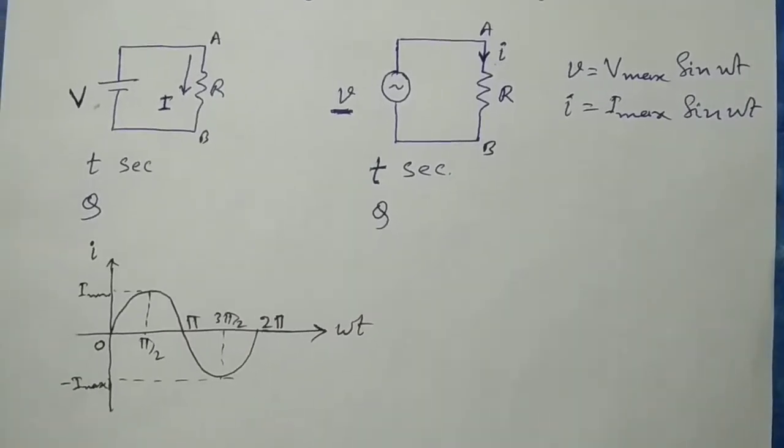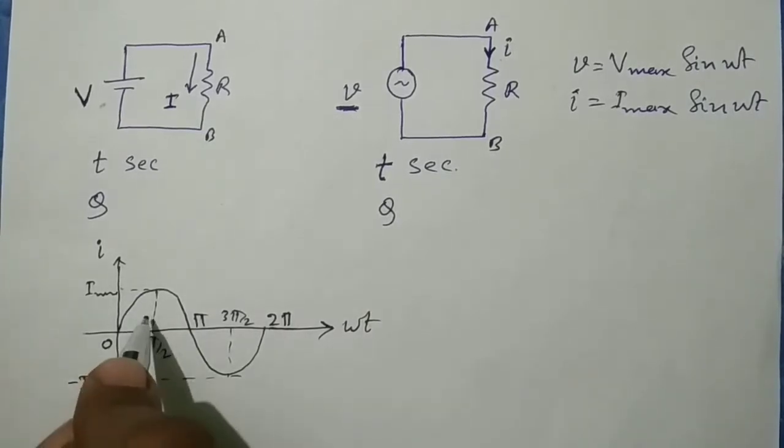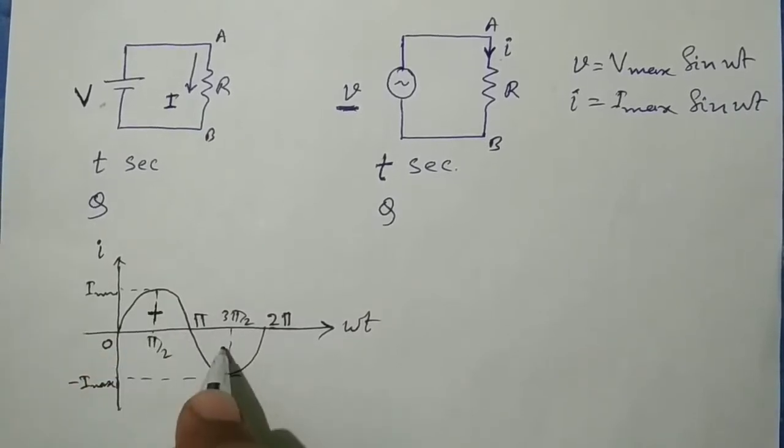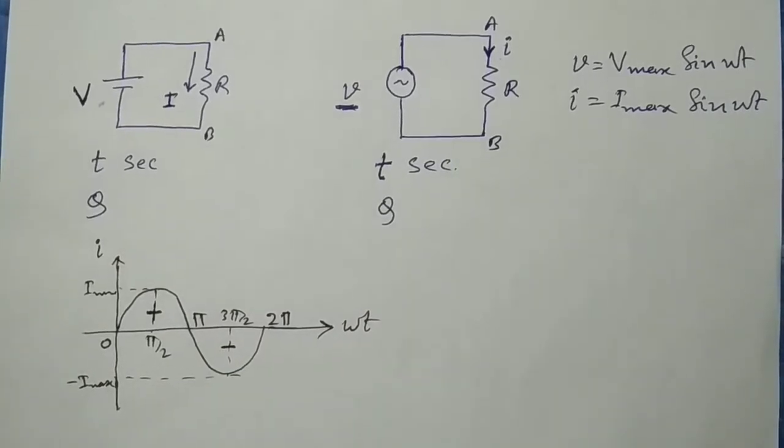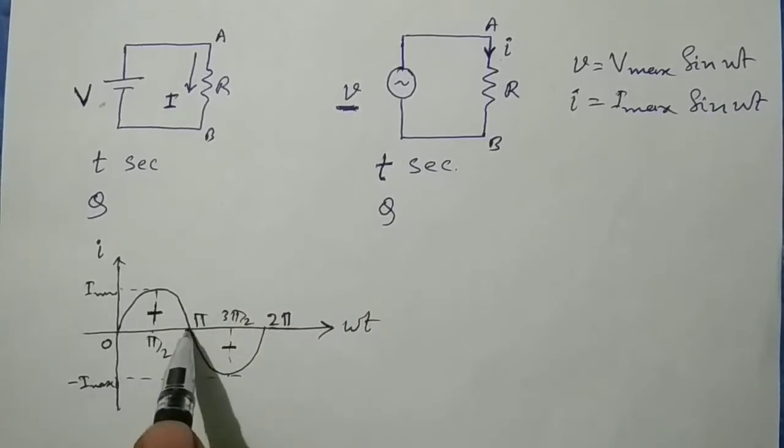Now, in this case, if we want to calculate the average value, as we have already discussed, for a symmetrical waveform the consecutive two half cycles are exactly identical. That is, the positive half cycle and the negative half cycle are equal.